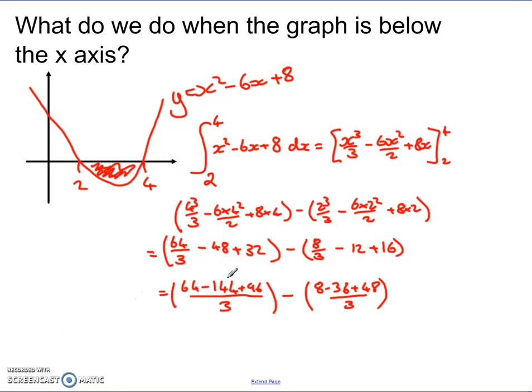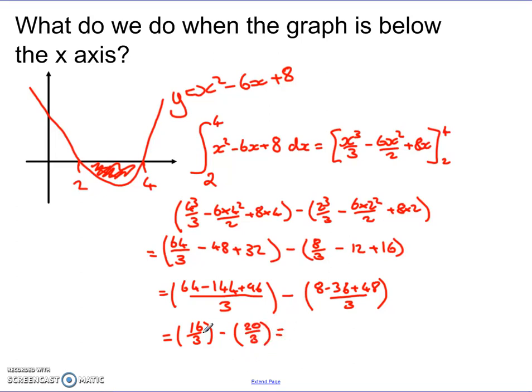Simplify both and then you get your final answer. So 64 take away 144 gives me negative 80, plus 96 gives me 16 over 3. It's then take away 8 minus 36 plus 48, well 48 take away 36 is 12, plus the 8 is 20. It's 20 over 3.